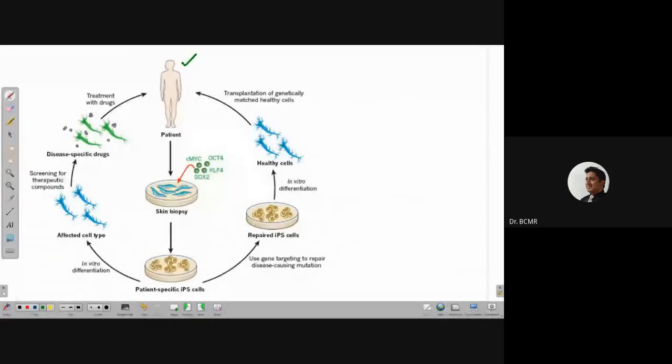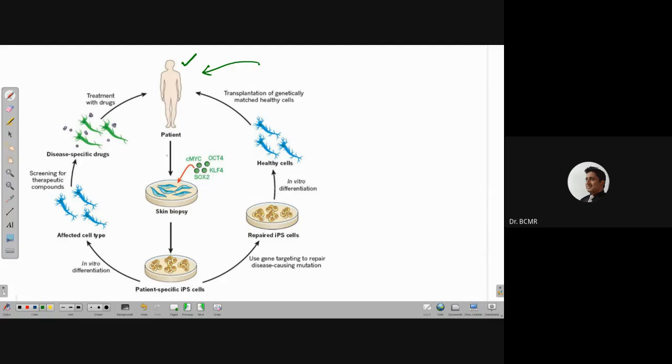When you say patient specific, that means the tissue that we are putting into the patient should be compatible with the patient, right? If we take from some other person and the HLA does not match, then the tissue implanted is rejected by the patient's immune system.